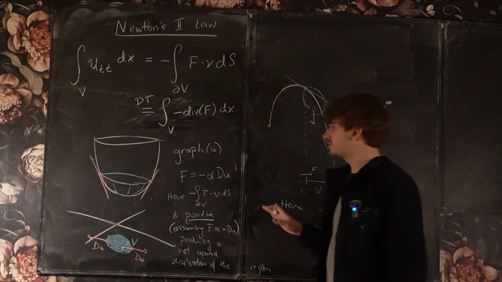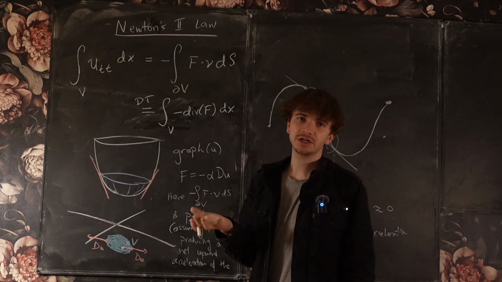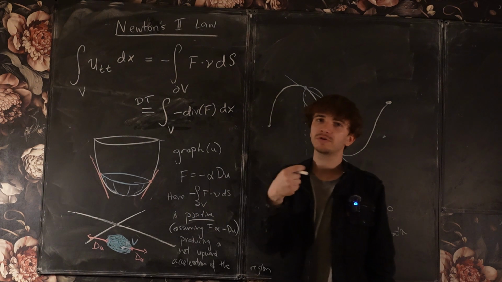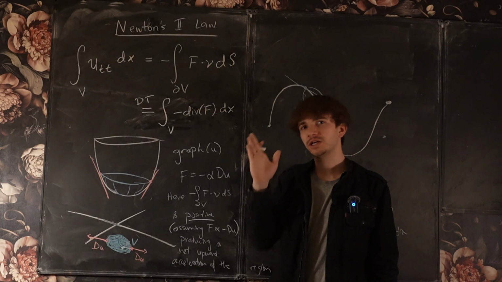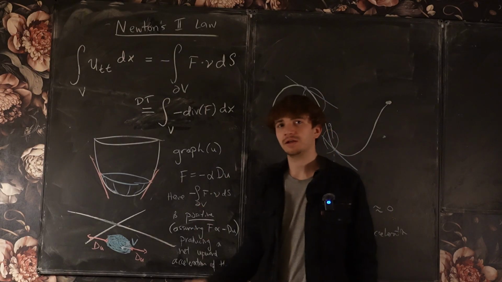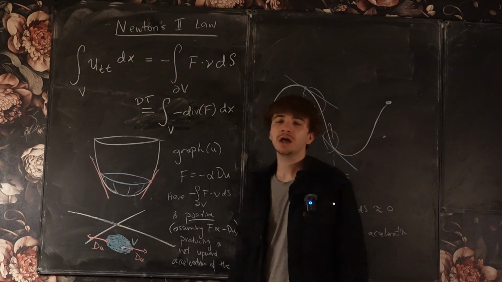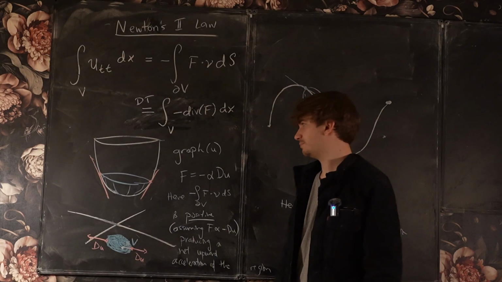Okay, and so essentially we're deducing properties about the average acceleration of this elastic body within a region by looking at the net contact force on the boundary, and this net contact force on the boundary is a function of the gradient at that boundary. So the direction of steepest ascent of the displacement, okay?